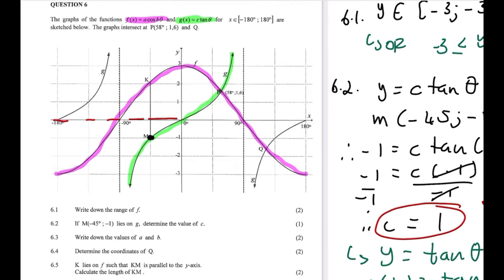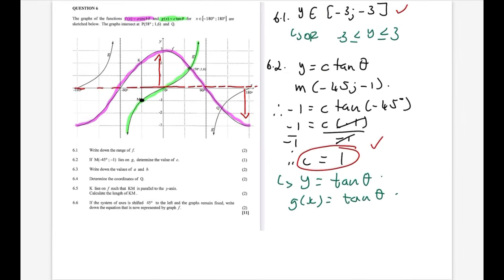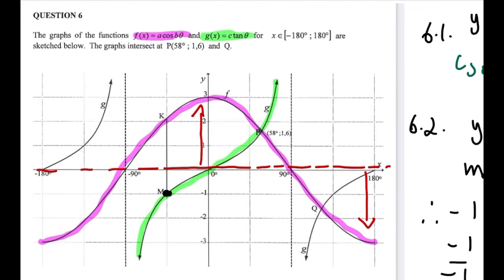Now, look, the middle way is right here on the x-axis, and the highest point there is 3 away from that point. The lowest point there is 3 away from that point. Okay, so we can see that indeed this graph has been stretched by 3. So in order to answer what the value of a there is, we'd say a is equal to 3, because the graph has indeed been stretched. In the previous video, we spoke about how b has to do with the period.